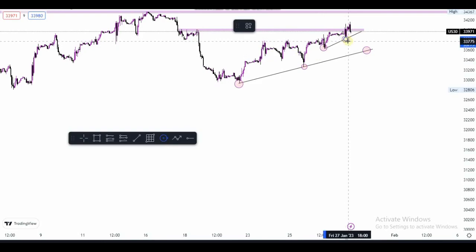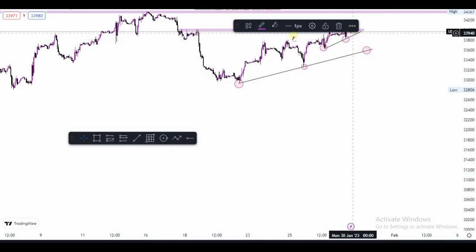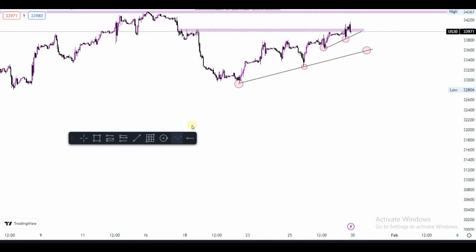So the market might reject from this zone. Let me just take my arrow. So the market might reject from this zone, come back for a retest, then from there go to the downside. So yeah guys, this is what I'm looking at for US30.